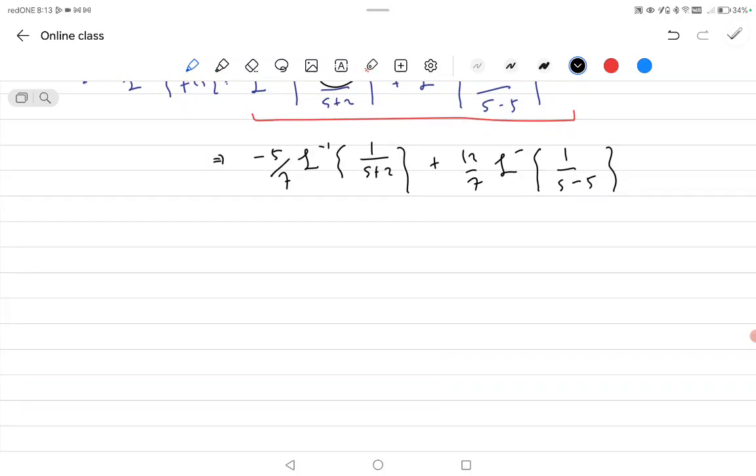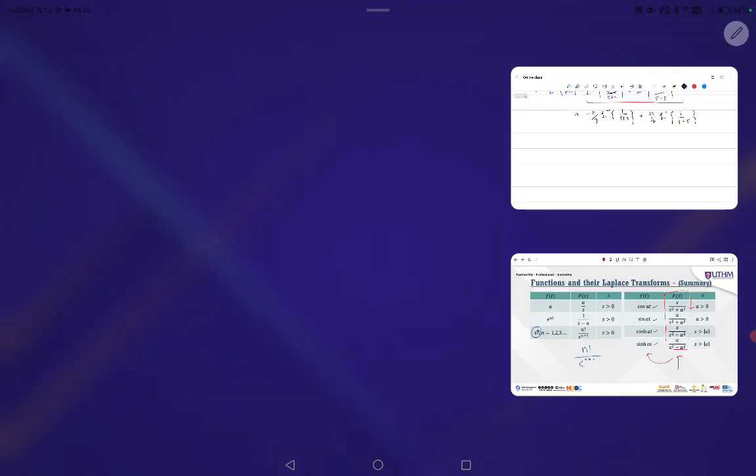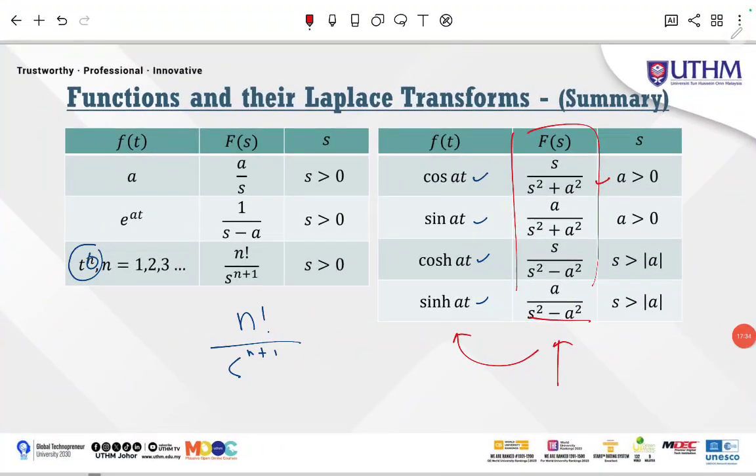So if we compare, this one is similar to this one actually, because we have 1 over s and the constant.